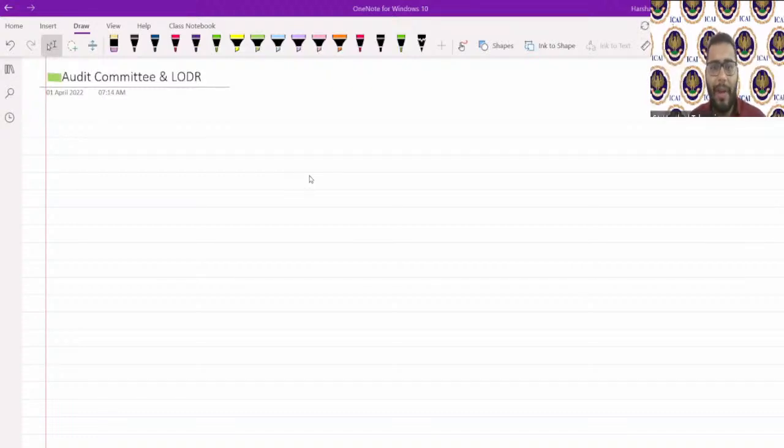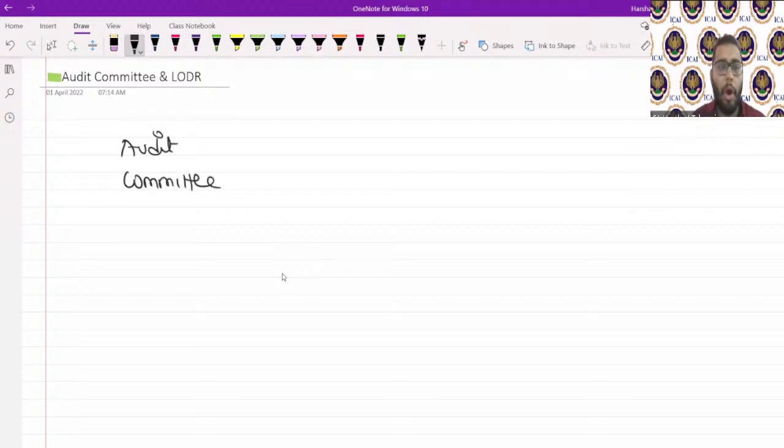Under this topic, I'll provide you a summary first. There are two things in this. First, we are going to discuss the audit committee. Audit committee is applicable under LODR, and it is also applicable as per the Companies Act.